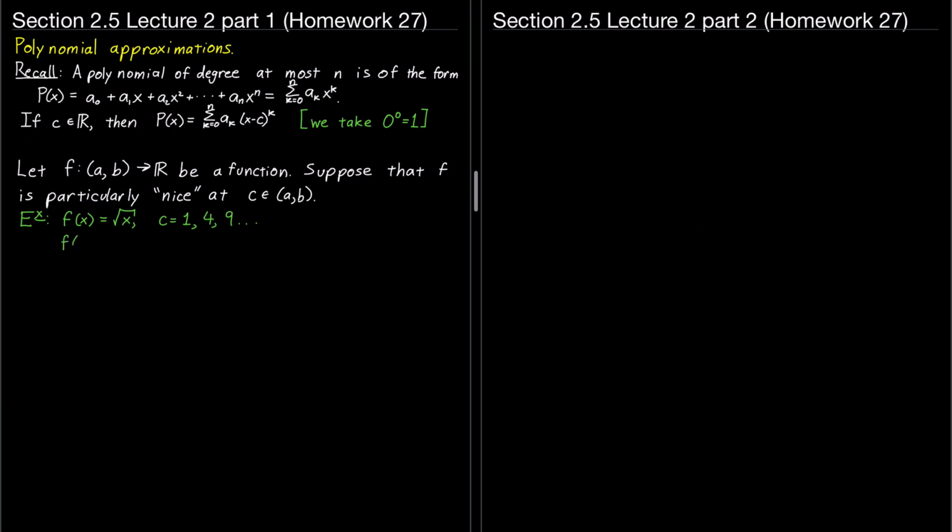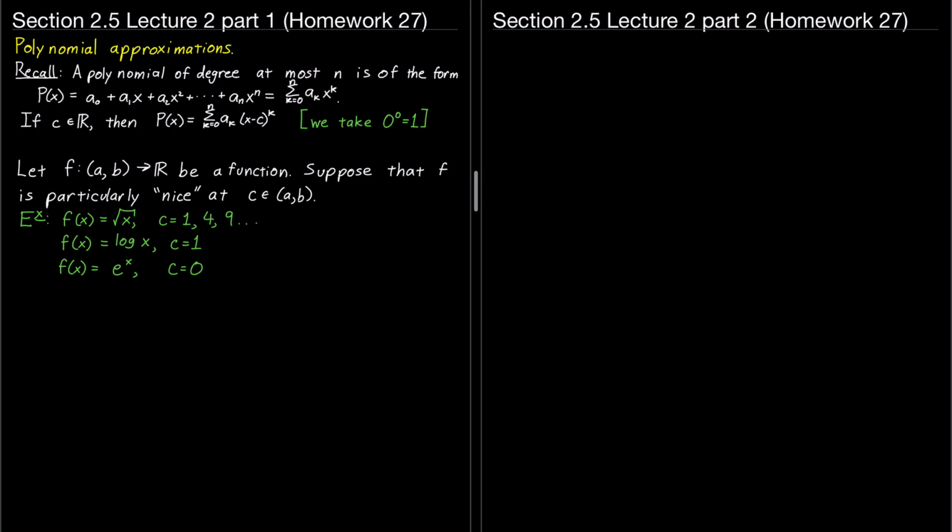Other examples would be something like f of x is the logarithm of x, which is particularly nice at 1. I know what the logarithm of 1 is. Or something like f of x equals e to the x. I know what e to the 0 is. If you ask me to tell you what e to the 1 is, it'd be some horrible old decimal.